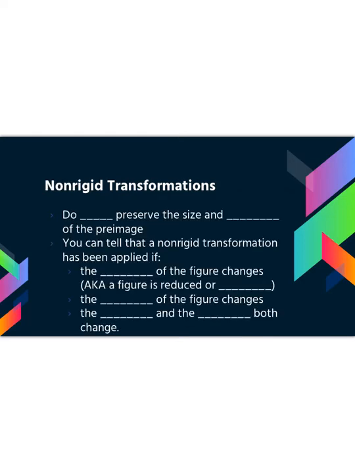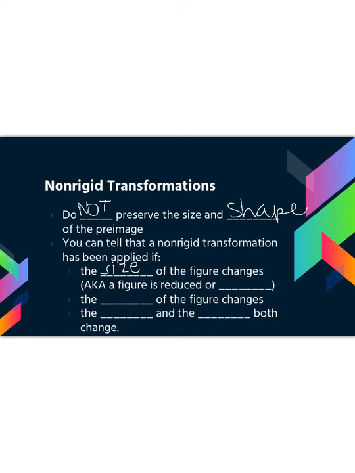Today we have learned that there are two main types of transformations: rigid transformations and non-rigid transformations. Non-rigid transformations do not preserve the size and shape of the pre-image. You can tell that a non-rigid transformation has been applied if one of three things happens. So if the size of the figure changes, then a non-rigid transformation has been applied.